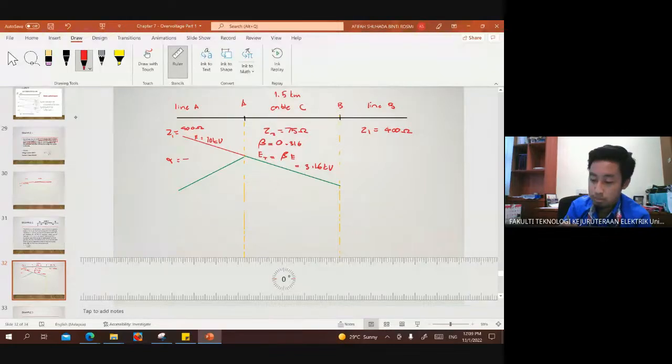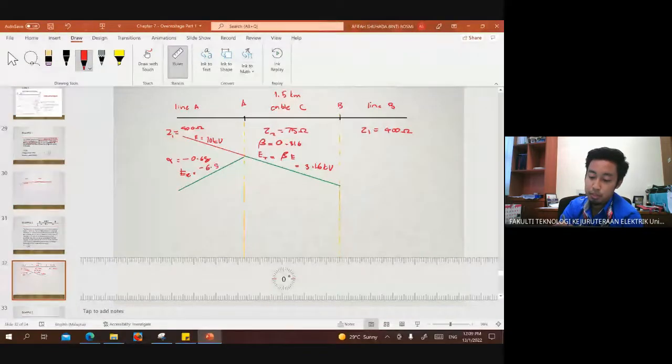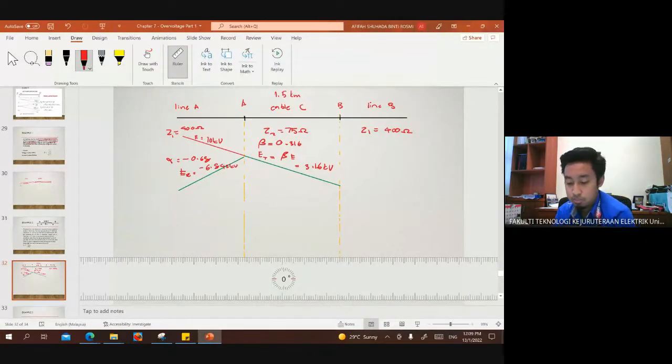Negatif 0.8. So kita boleh dapat nilai E reflection dia berapa? Okay, kali dengan 10 kV, dapatlah negatif 6.842 kV. Okay.